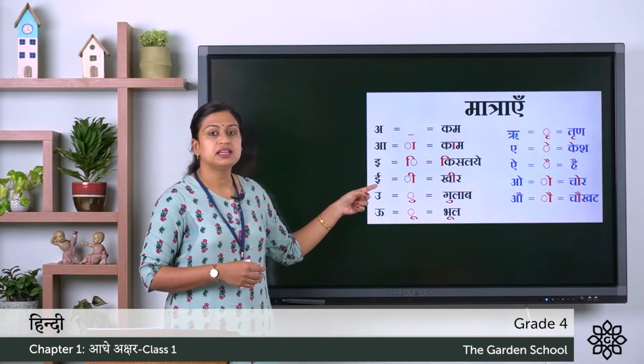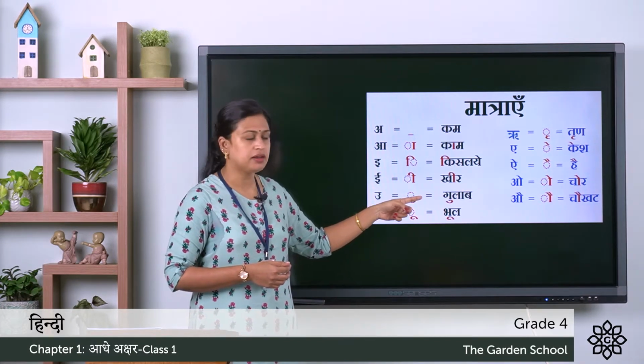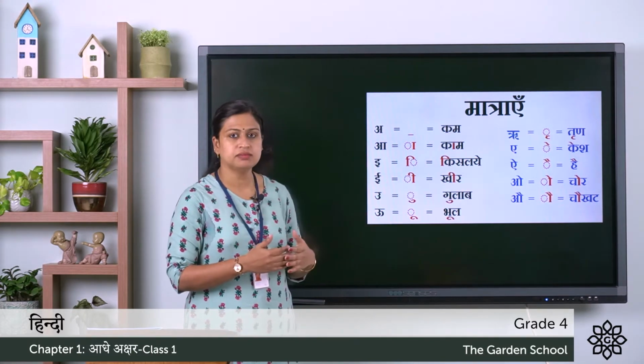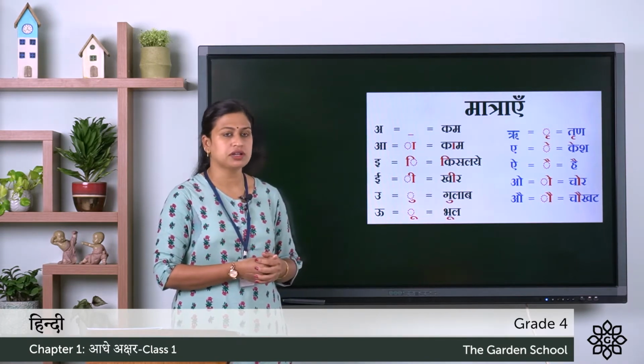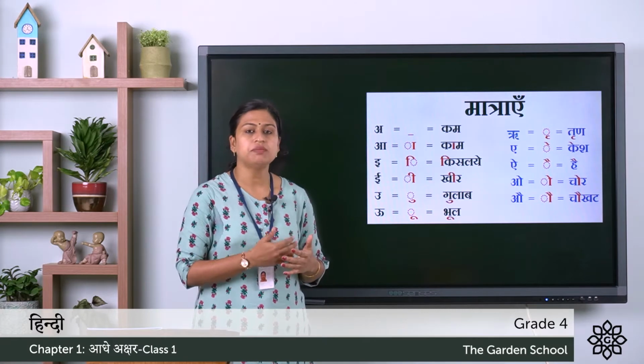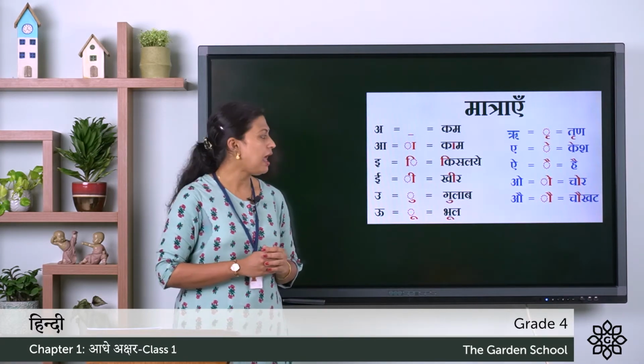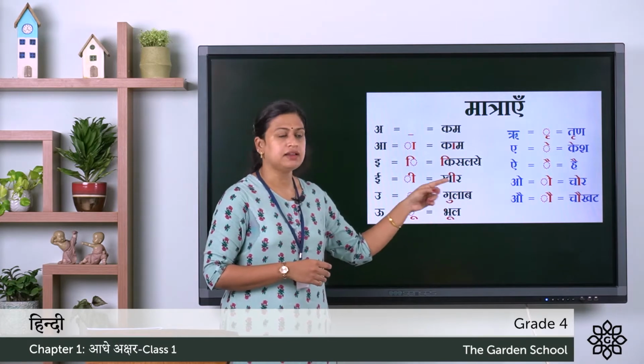Next one, it's E, which has a longer sound, and this is E ki matra. We write this E symbol after the Vyanjan Akshar. So here Ka is the Vyanjan Akshar. Ka plus E, we say ki, which has a longer sound, and the word is kheer.